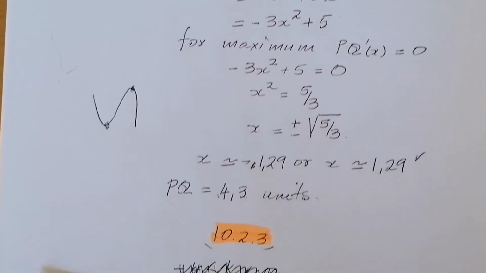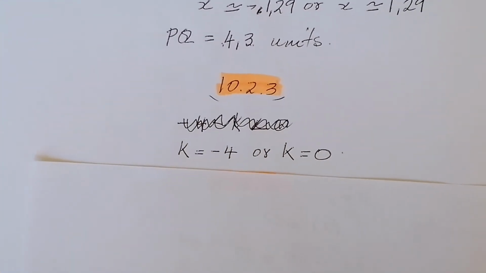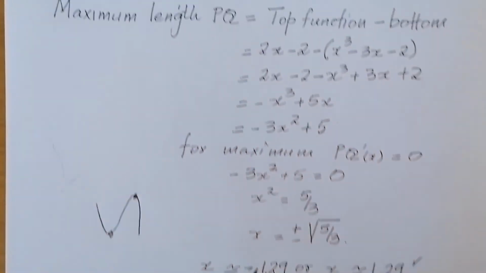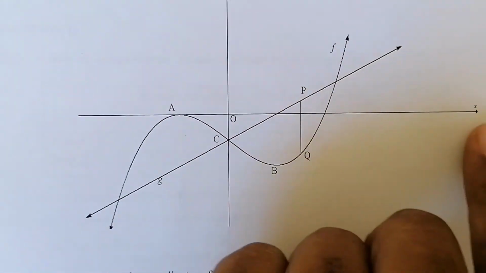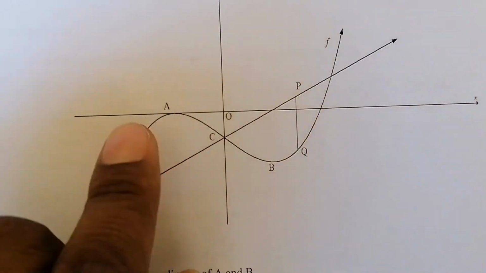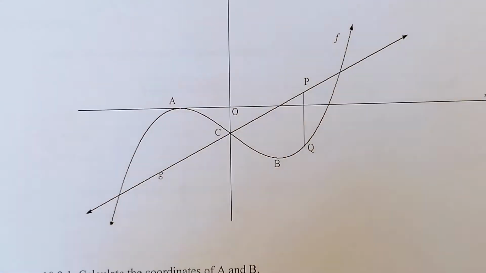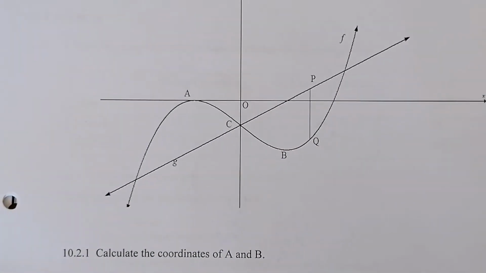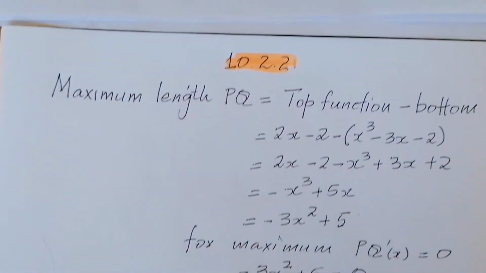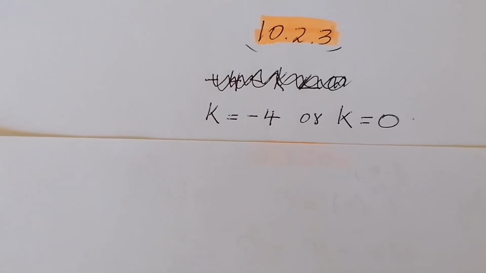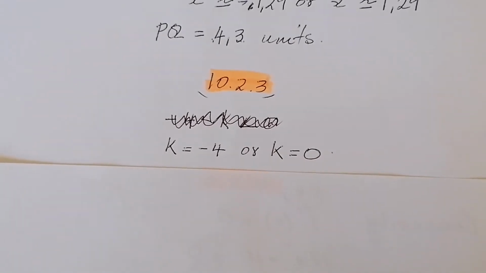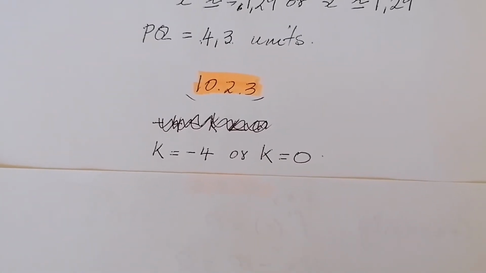Or when k is 0, that is when the x-axis is drawn at that particular point, we will have 2 real roots. Now the answer to that question is k must be equal to -4 or k must be equal to 0.